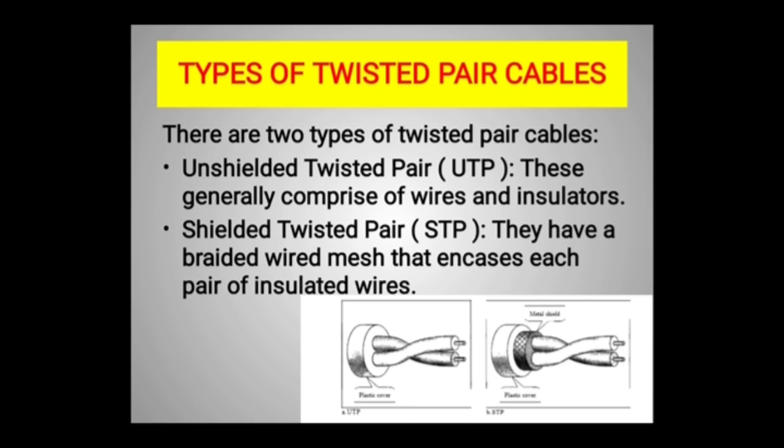Unshielded, you can see here in the diagram, comprises two wires and an insulator. There is no shielding of these two twisted wires. But in the shielded twisted pair, we have a metal shield which protects my wires from any kind of cut or so.